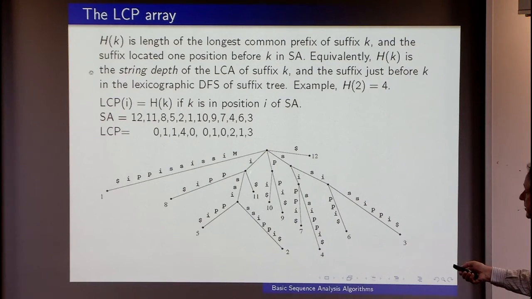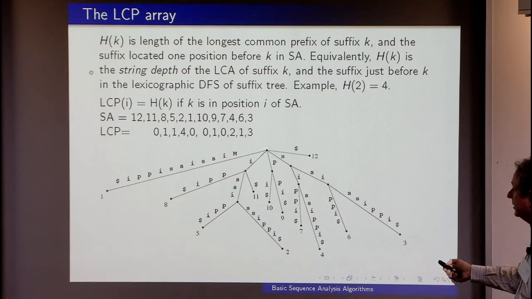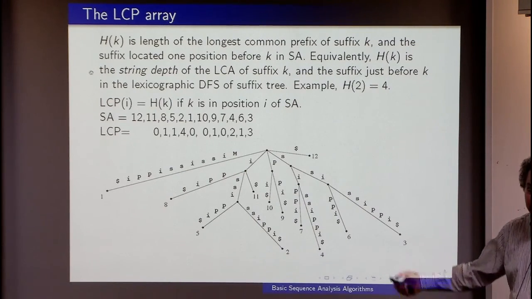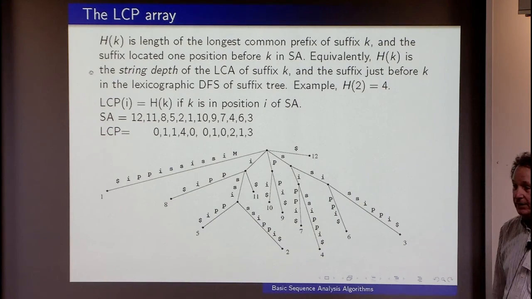So you visit 11, and then the next one you visit is 8. That's why 11 and 8 are neighbors. And the longest common substring that begins at position 8 and also position 11 is the string that you read on the walk down to the lowest common ancestor in the suffix tree of those two leaves, the leaf 8 and the leaf 11.